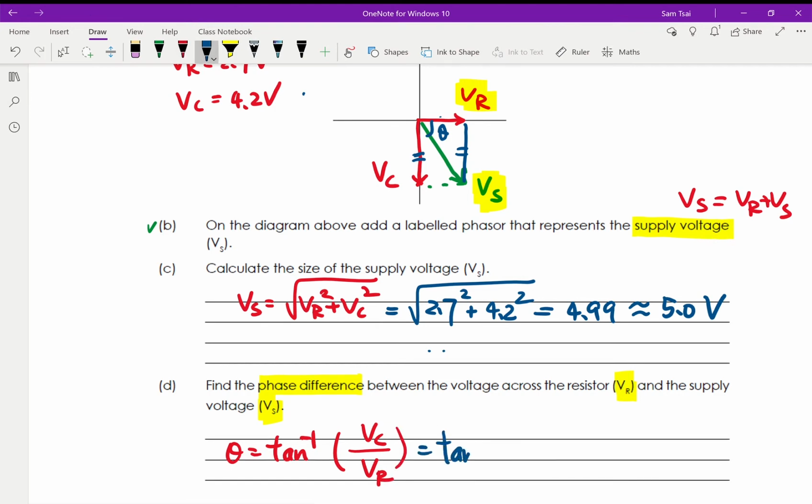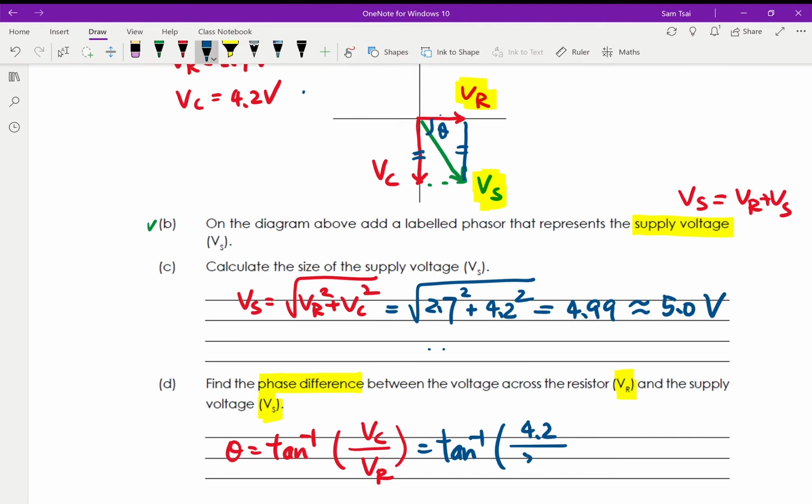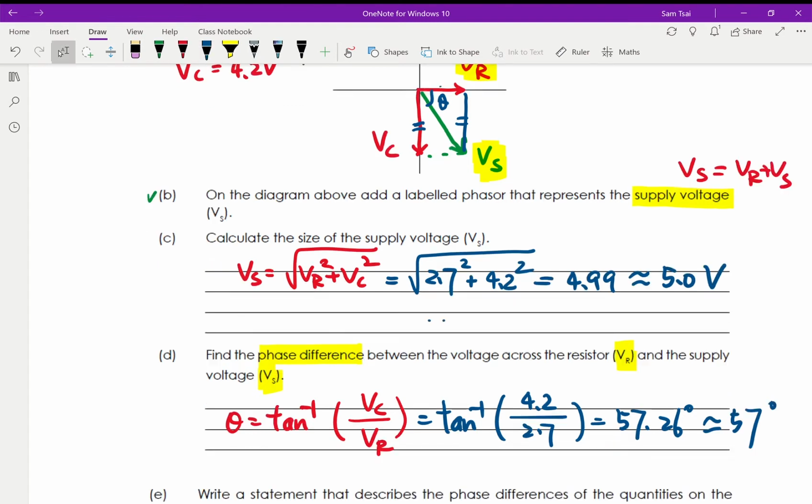So arctangent of VC, which is 4.2, over VR, which is 2.7. The answer by calculator is 57.26 degrees, and we can round it to 57 degrees. So I think that is the answer for this one.